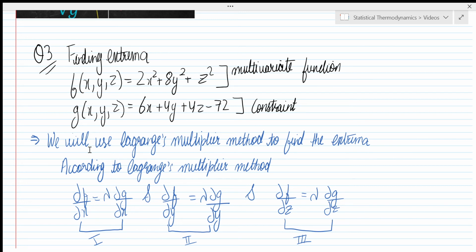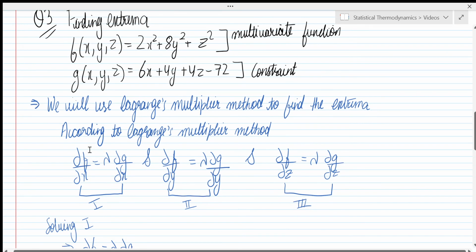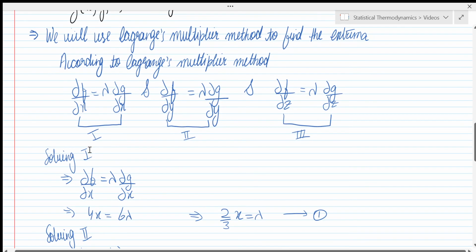So we'll solve each one individually, and we will try to find out the value of lambda here. So when we solve one, we will take the partial derivative of f with x and the partial derivative of g with x, and we get a value of lambda as 2 by 3x.